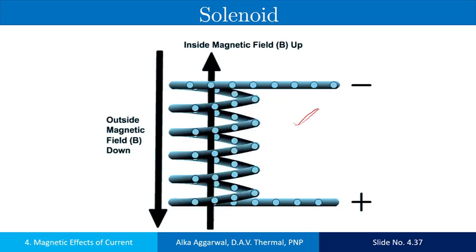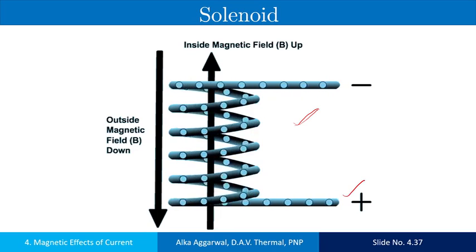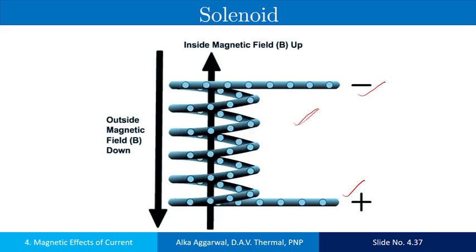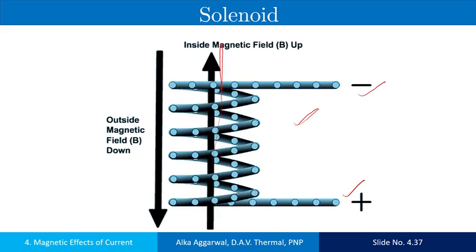These blue colored dots represent the motion of the electrons within the solenoid. This end is connected with the positive terminal, this end is connected with the negative terminal, and this motion represents the motion of the current in the solenoid. The magnetic field inside the solenoid is represented in this way. The magnetic field inside the solenoid is uniform.